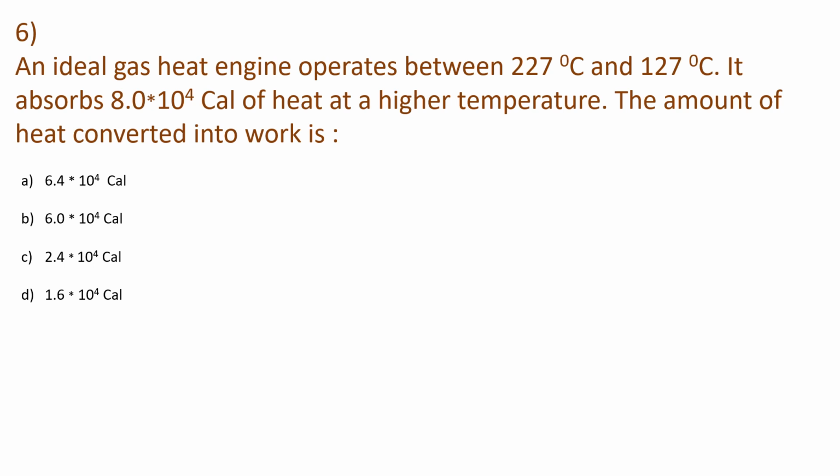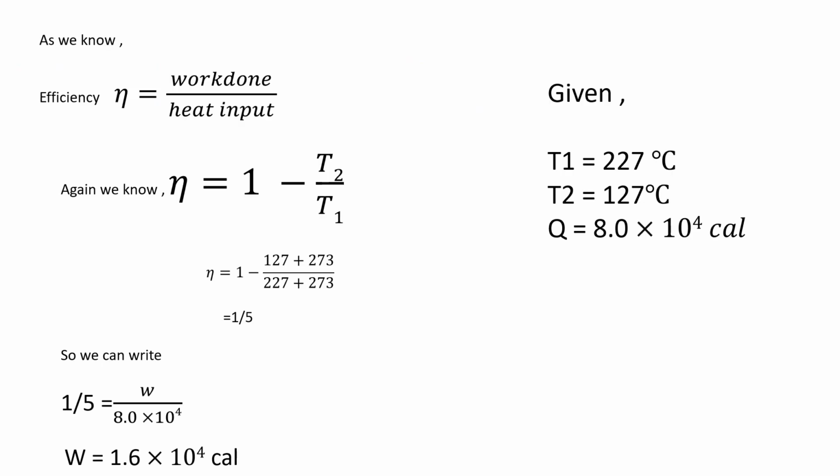Let's see what its answer will be. So let's jump to the solution page. Here it is: efficiency is equal to work done by heat input. Again, we know that eta equals 1 minus T2 by T1, and as I have already told you before, don't forget to convert Celsius into Kelvin, because T1 and T2 were given in degrees Celsius.